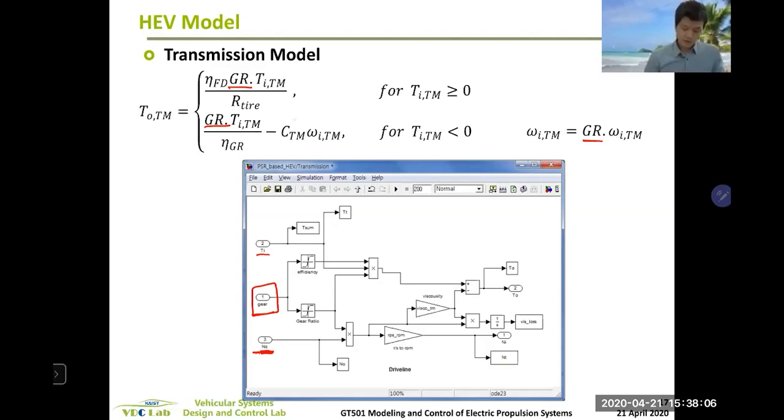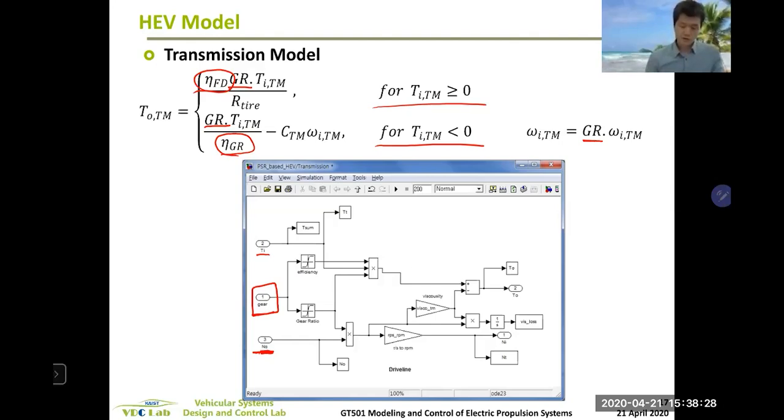And we have two parts for the torque model because efficiency has to be inversed to make sure efficiency is lower than 1. Okay.